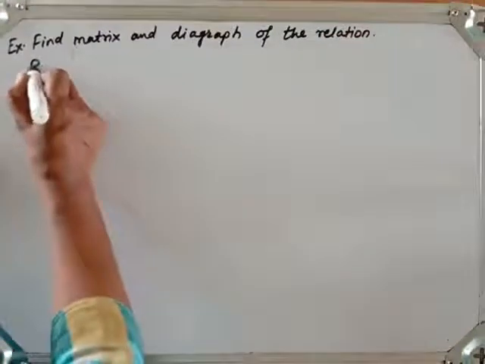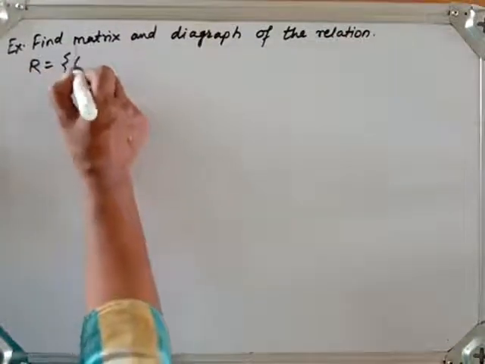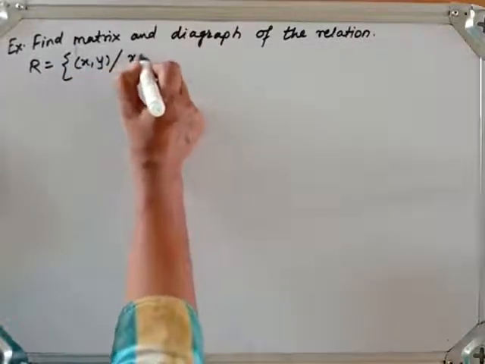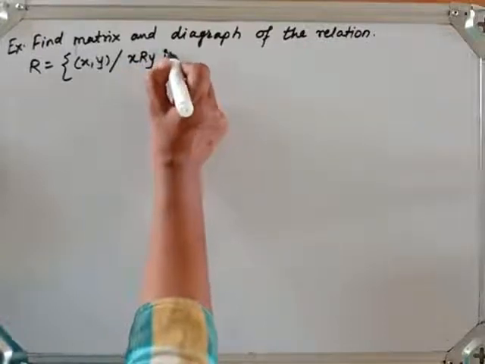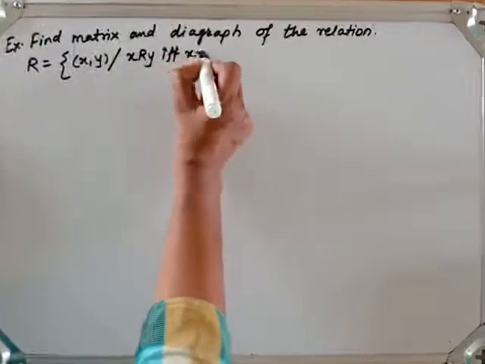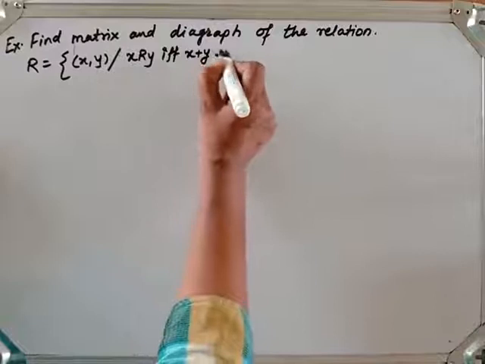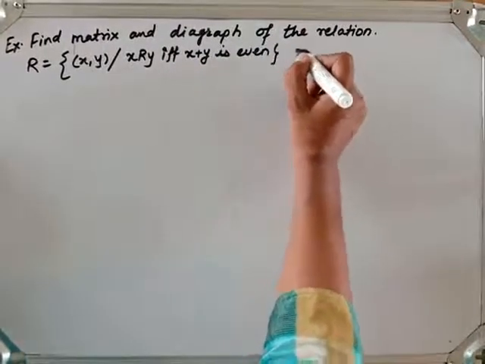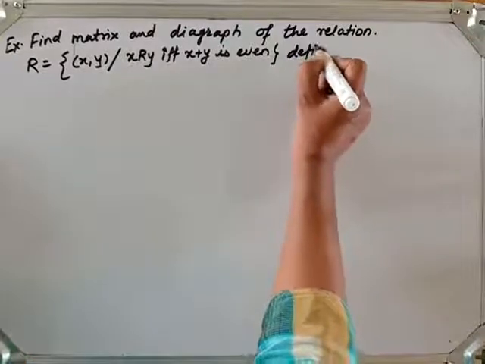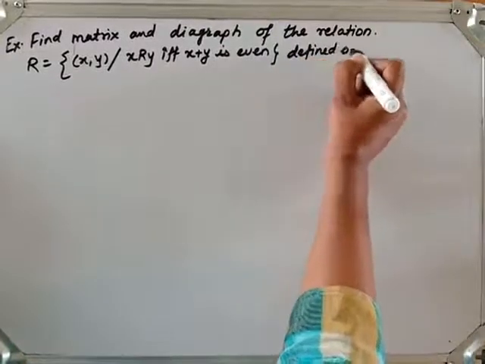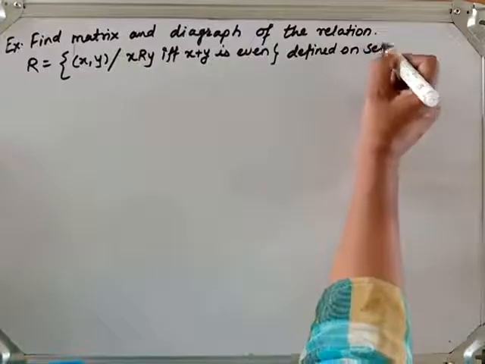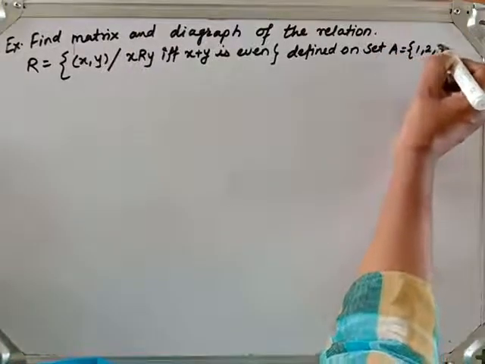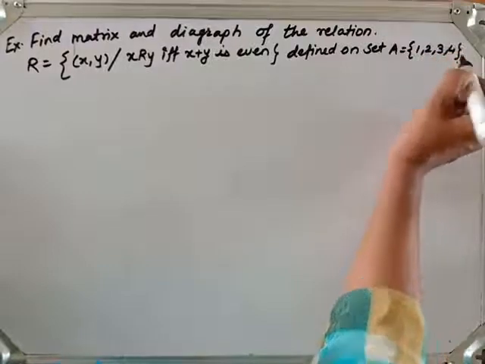What is the relation? The relation is given as: it consists of ordered pairs such that x is related to y if and only if x plus y is even. X plus y is even. Defined on set A having the elements 1, 2, 3 and 4.